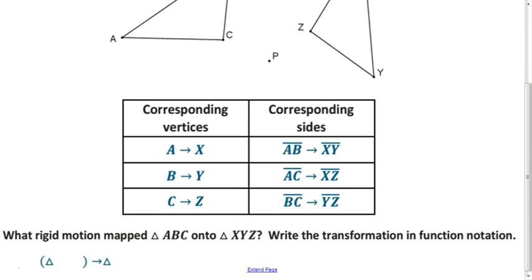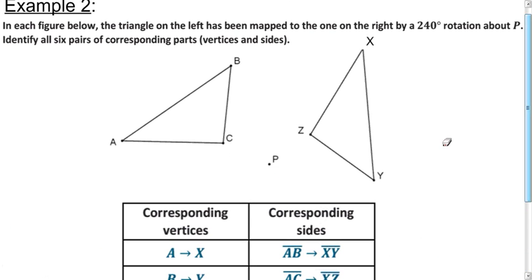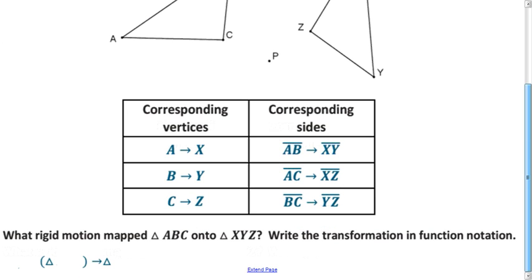And so now we want to write the function notation for this rigid motion. So let's go back up to the top, see what it says. It says that we did a 240-degree rotation about point P. What letter do we use for our rotation? Use a capital R. And the two parameters are the center and the angle of rotation.